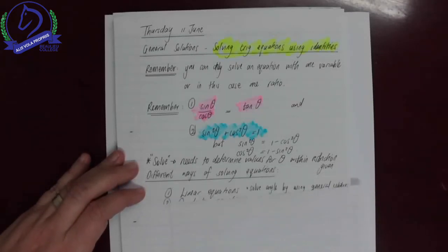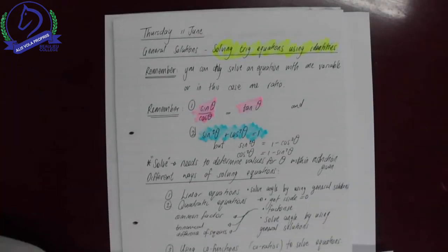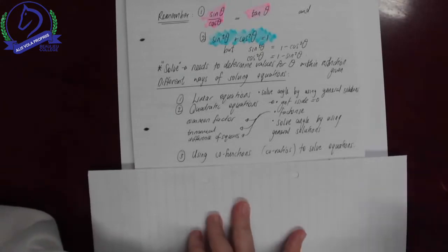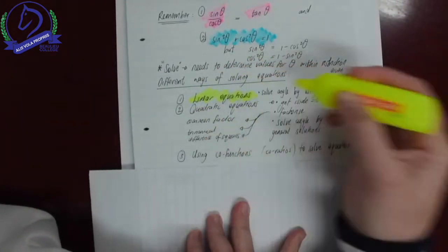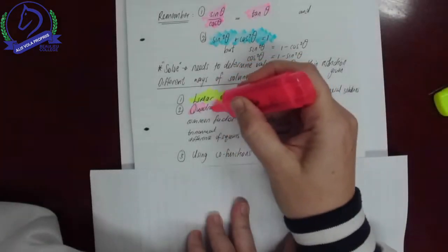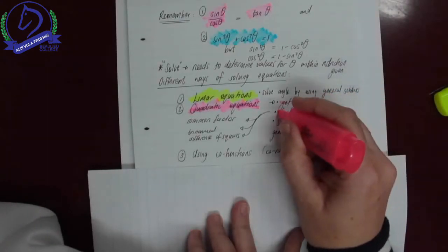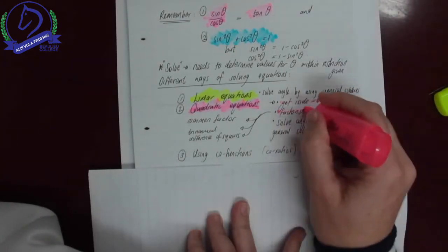Okay, so there are different ways of solving equations. Now we have to think about what we did in algebra. We can have linear equations, and I'm going to show you one just now. I can have quadratic equations. Now, what are the different ways I had to deal with quadratic equations in algebra? Get one side equal to 0, then factorize.